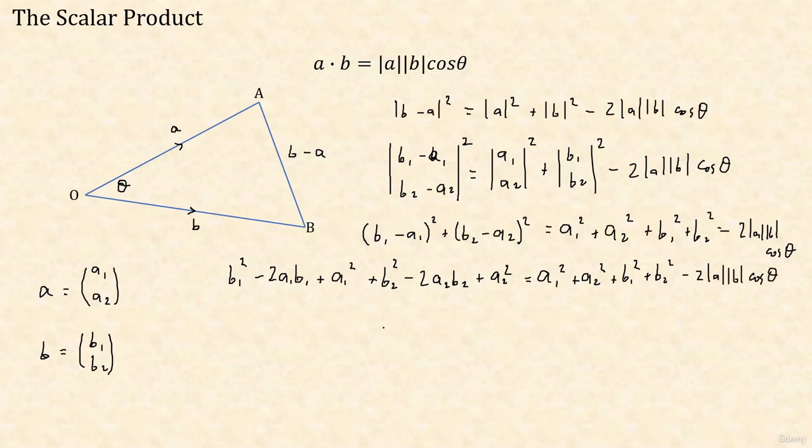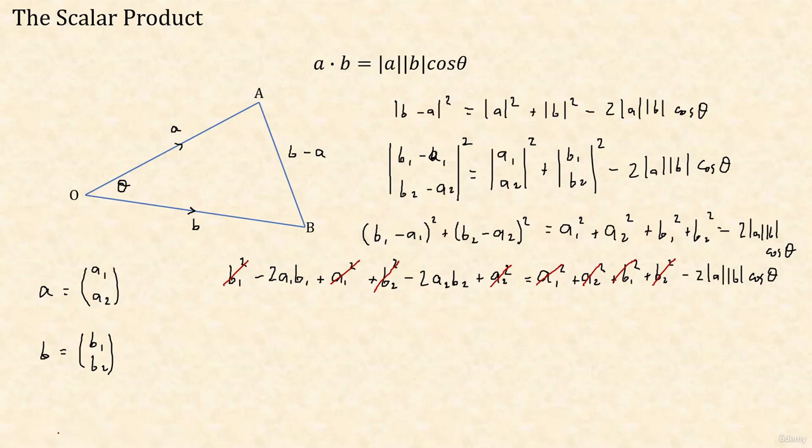Okay, quite a lot actually cancels here. So you can see that I've got b1 squared on both sides, so I'm going to cancel that here and here. I've got a1 squared on both sides, I'll cancel that here and here. I've got b2 squared on both sides, here and here. And I've got a2 squared on both sides, here and here.